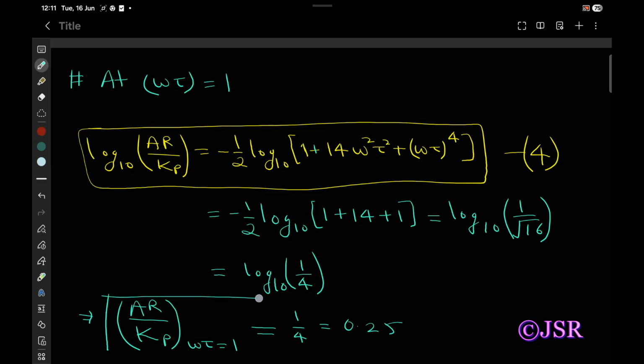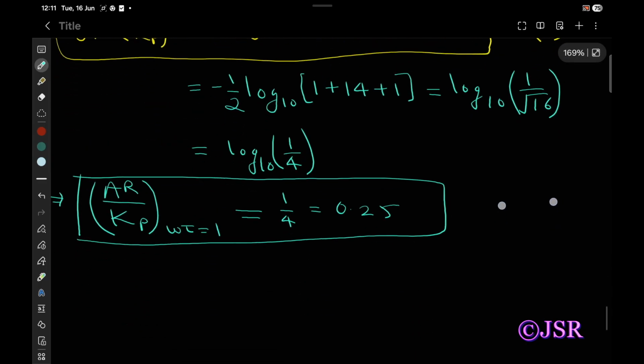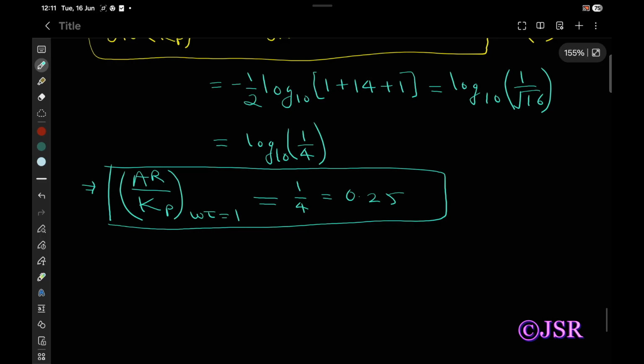So when omega tau is equal to 1, the amplitude ratio by Kp equal to 0.25. So this is all information which will be required to plot the gain plot against the input frequency.